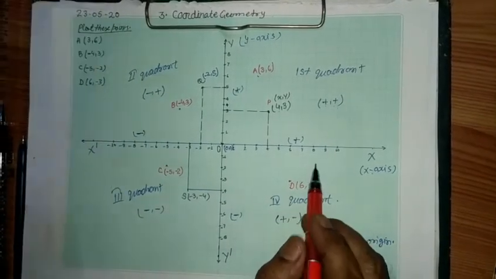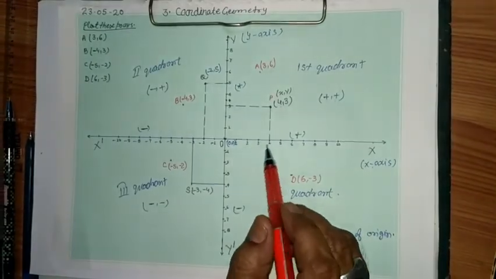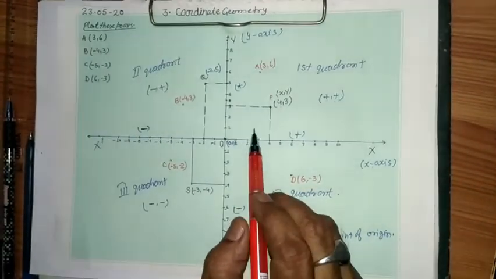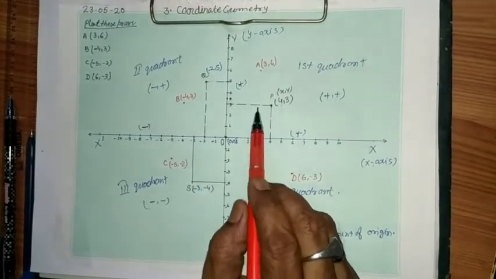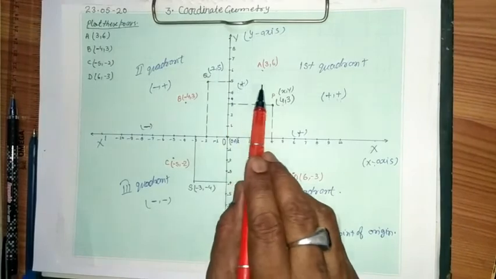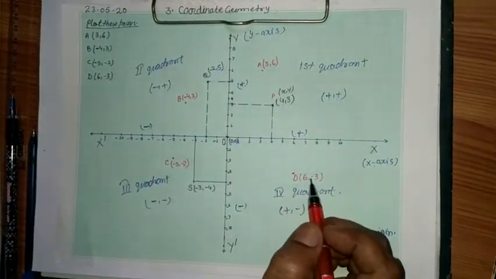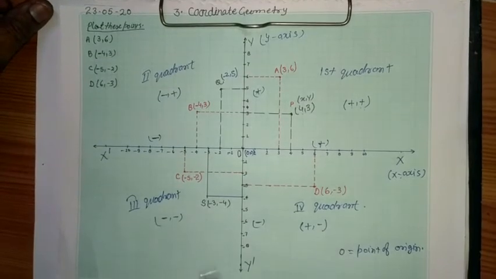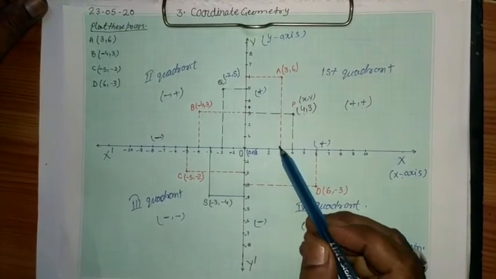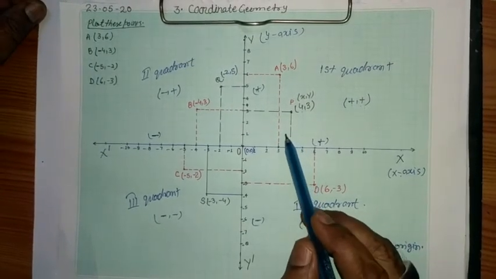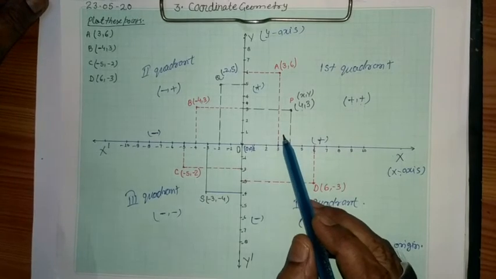After getting these points, we draw the lines and show these points on the graph paper. Now you have understood how you can plot the given points in a Cartesian plane.